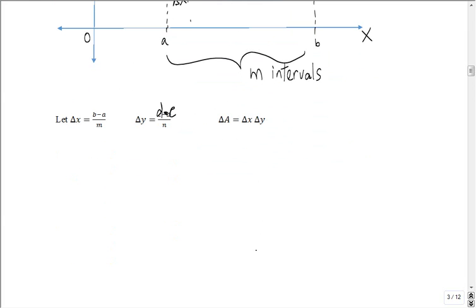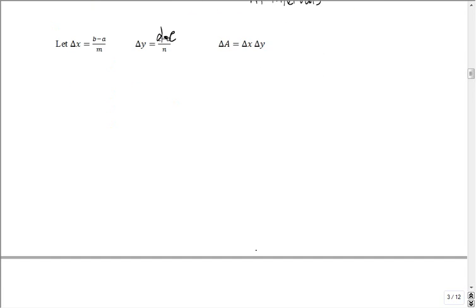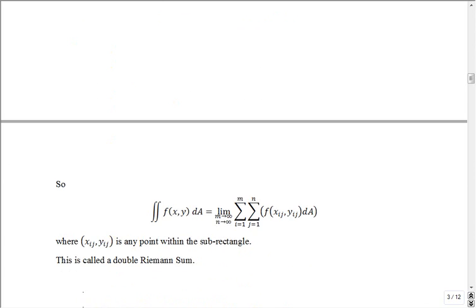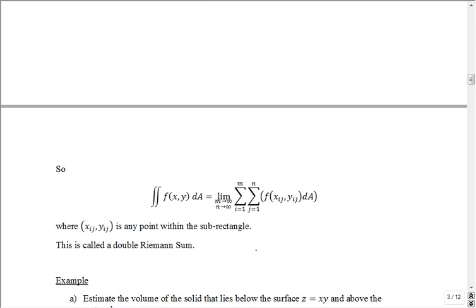You take the solid and divide it into these little solids or cuboids, and then you add them up, and you get a Riemann sum. And this is what it is: the double integral over the rectangle R. You put R below the double integral of f of xy dA.